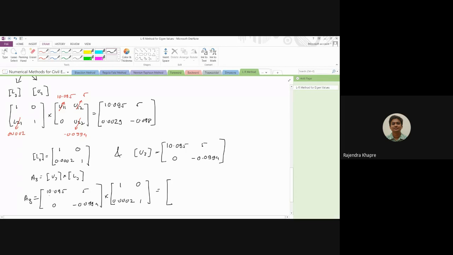Can anybody give me the values of the A3 matrix? Yes, anyone A3?